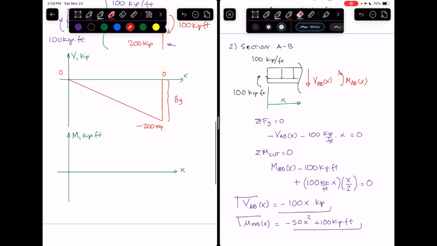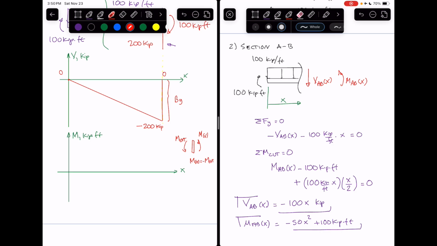Now, a quick recall from class. Remember that if I have a cut starting from the left and the cut being on the right, it means my internal bending moment as a function of x will be positive this way. And if I have an external moment being applied, then the internal bending moment would be the negative of the external moment.